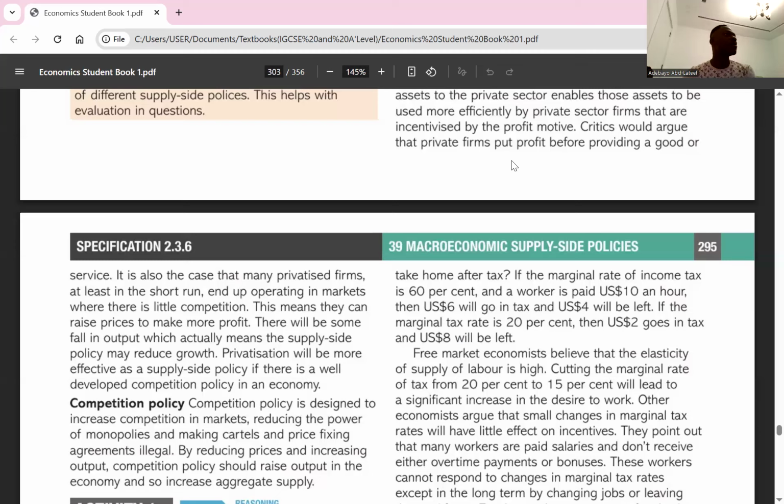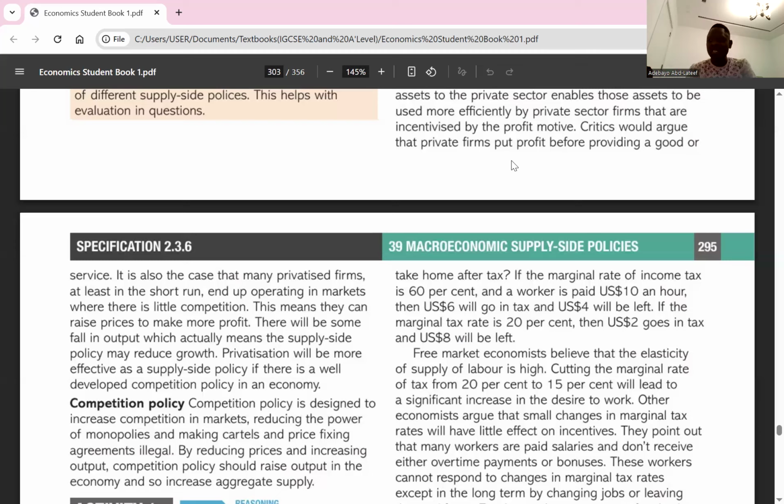But there's criticism about supply-side policy. The criticism about supply-side policy in the free market policy, which is privatization, is that the free market or the private sector prioritizes profits ahead of output. And so for them to make more profit, they might decide to reduce their output.